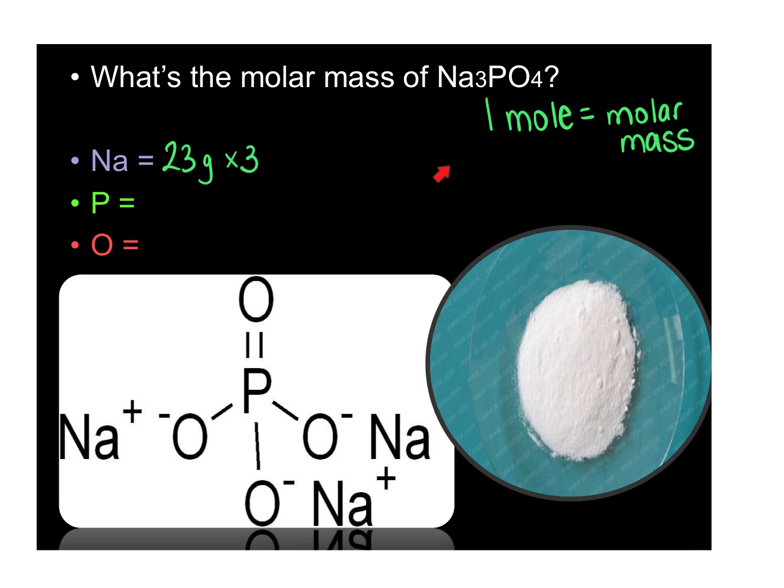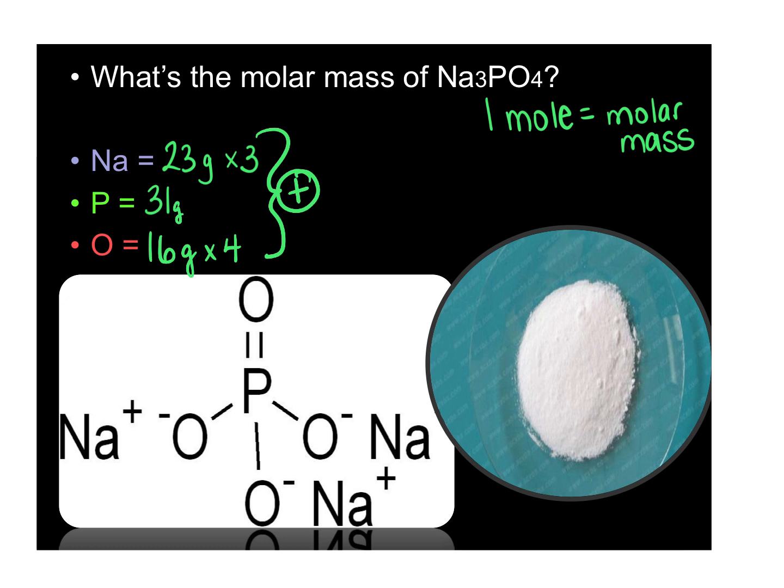Then if you notice for the phosphorus, there is just 1 of them. So the mass of phosphorus on our periodic table is about 31 grams. And then we get oxygen, but we have 4 of them. So that means that the mass of oxygen being about 16 grams, we're going to multiply that by 4. So we're going to have to take all of this and add it all together to find the mass of 1 mole of this compound.